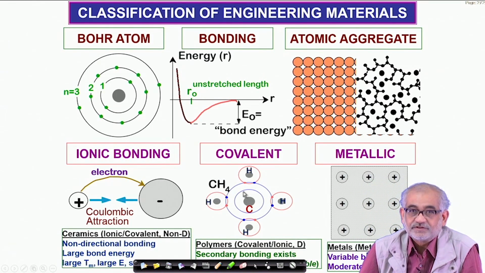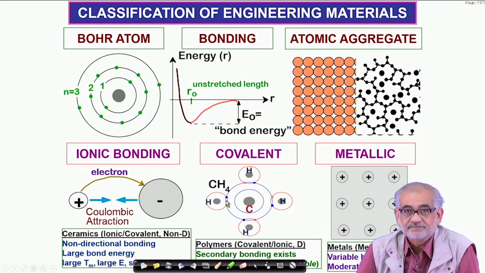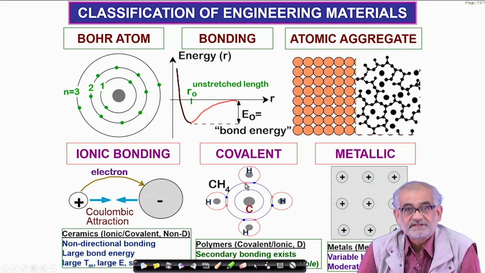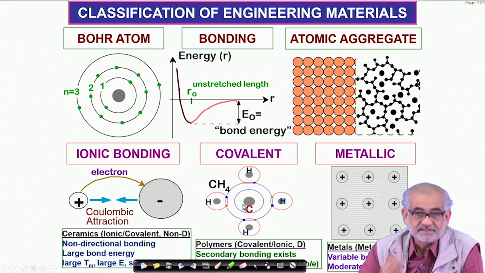In comparison, you can also have a situation where the neighbors decide to share the electrons. And when they share in a particular way, where the electron spends most of its time in the overlapping orbit, then we end up getting what is known as covalent bonding. And this covalent bonding leads to the classes of materials which we call polymeric materials.